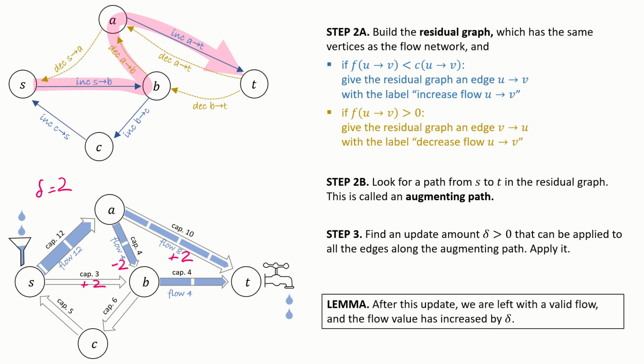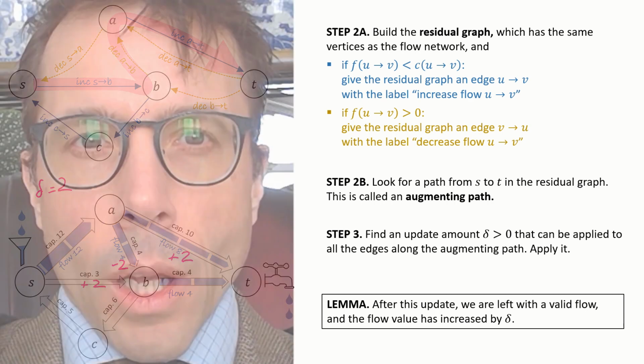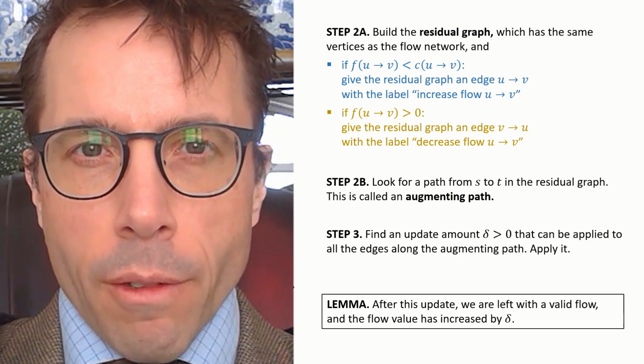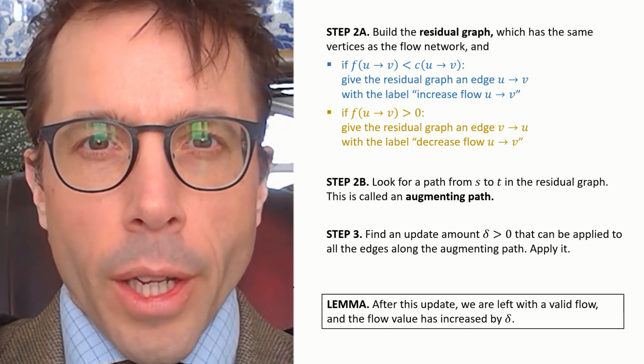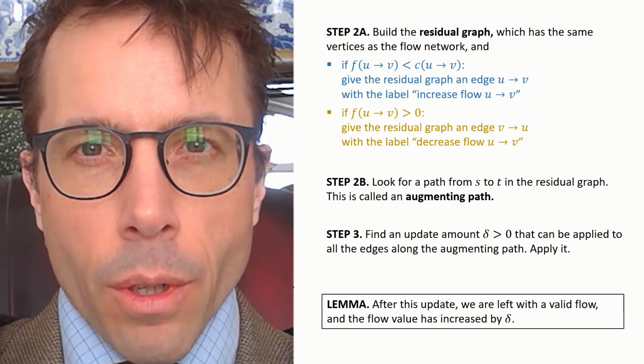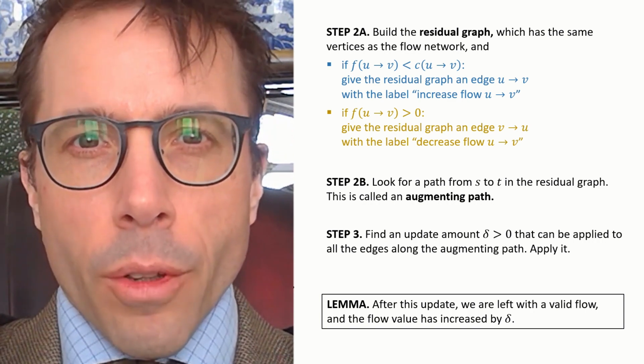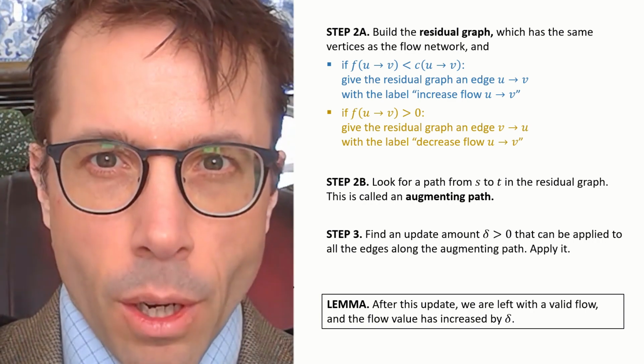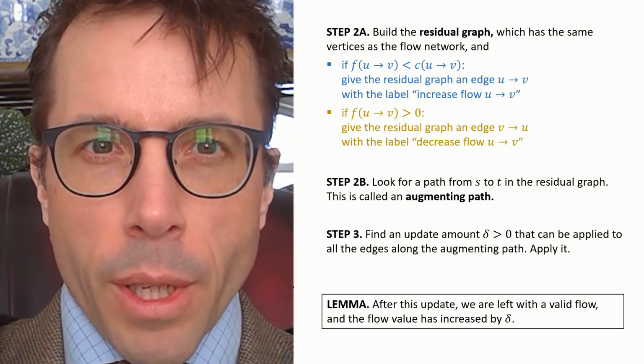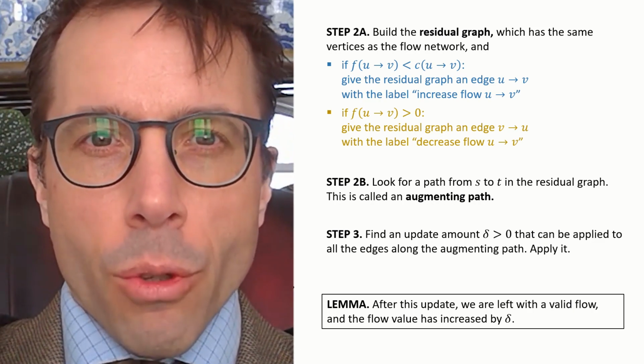Now, here's a lemma. Pause and read it. This lemma says that what we have after updating the flow is another valid flow. What does this mean? Look back at the definition of flow that you copied out right at the beginning of this video. For a flow to be valid, it has to satisfy 2 things.